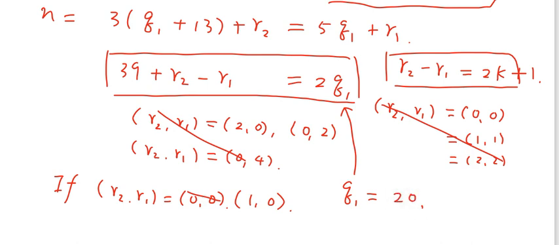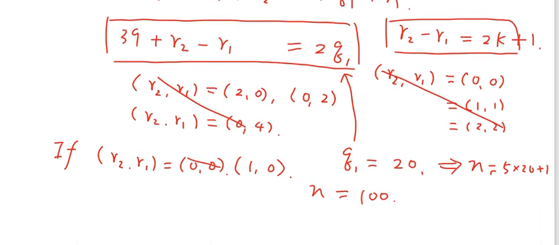Then from here we can find N equals 5 times 20 plus R1. R1 is 0, so N equals 100.